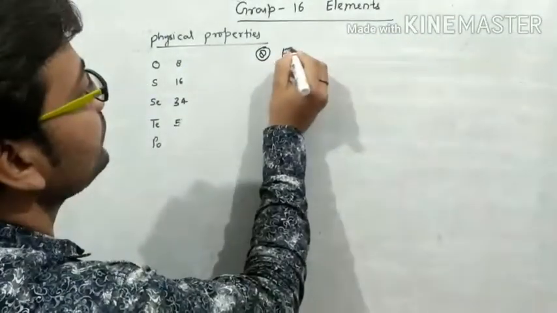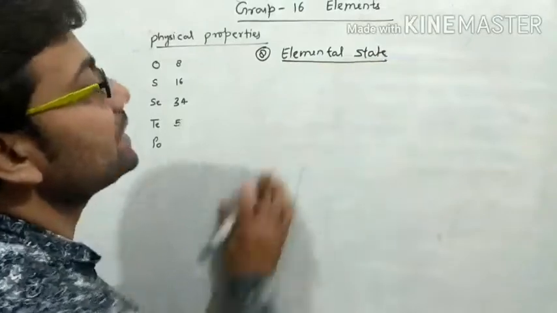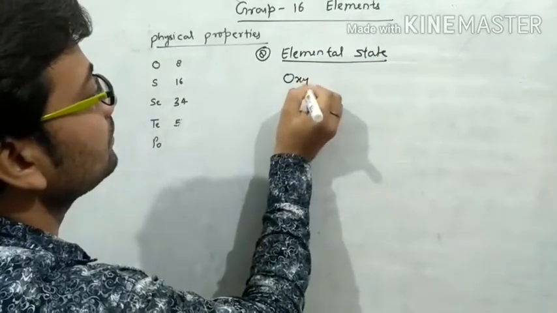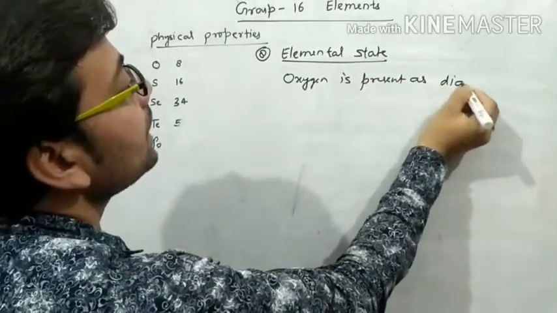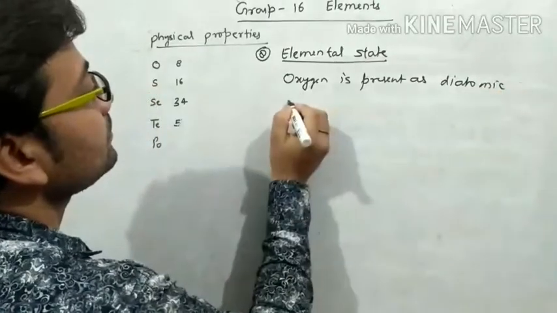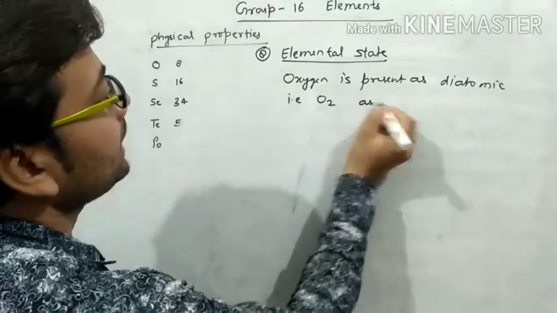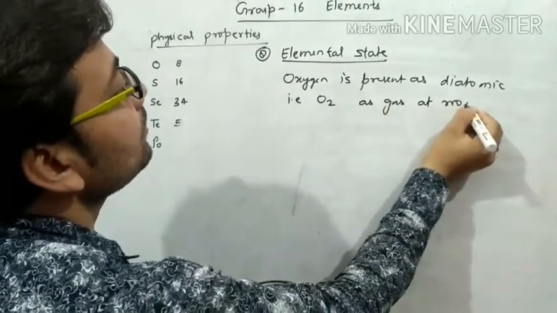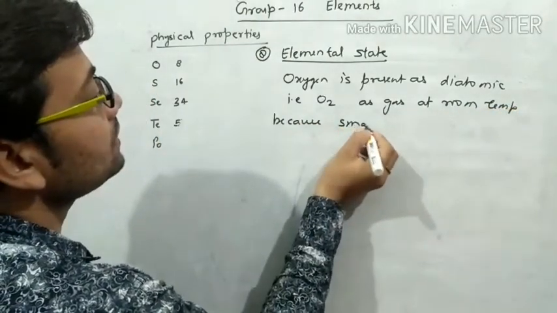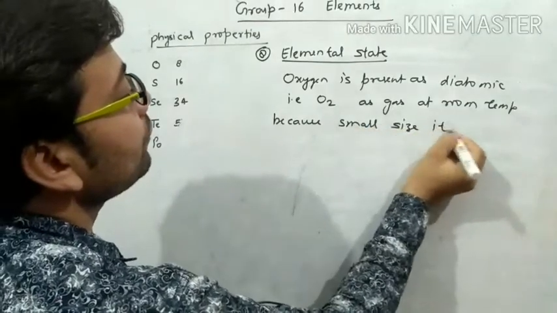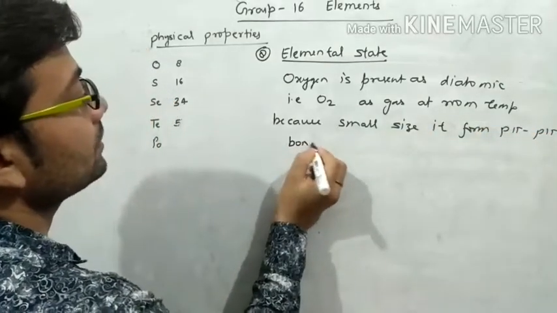This is the elemental state. Oxygen is present as diatomic, that is O2, as a gas at room temperature, because due to its small size it forms p-pi bond.